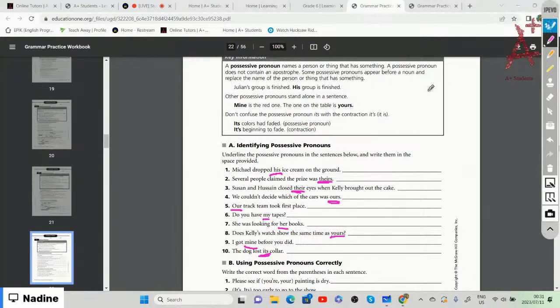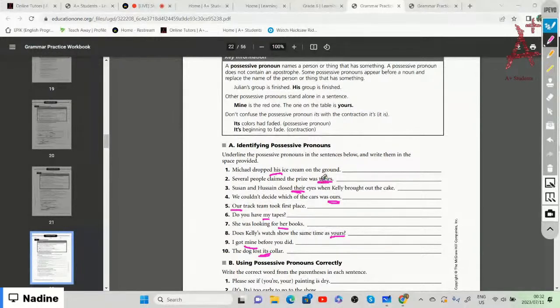All right, so that is basically the pronouns that we had to underline within the sentence. Within the lesson, we also had to use possessive pronouns within a sentence, and now we identified possessive pronouns within a sentence.